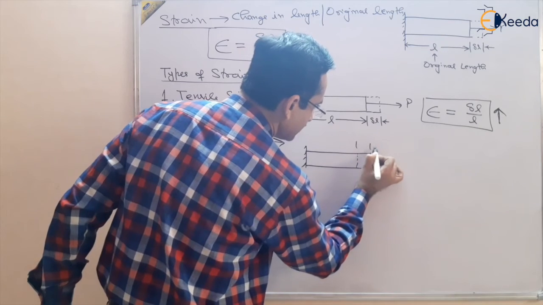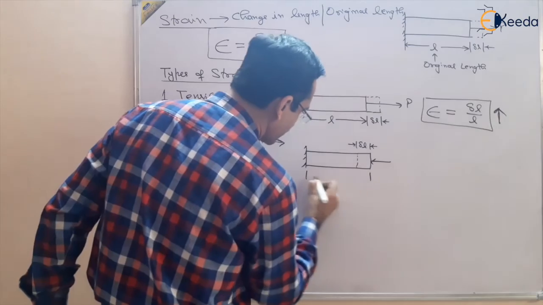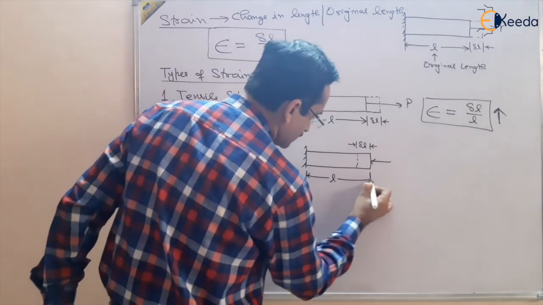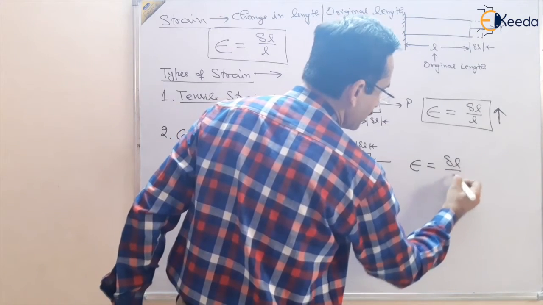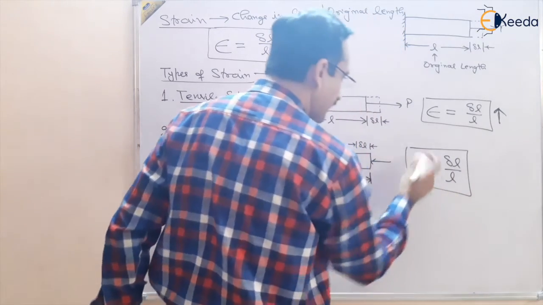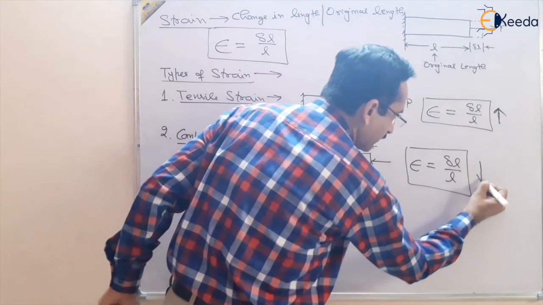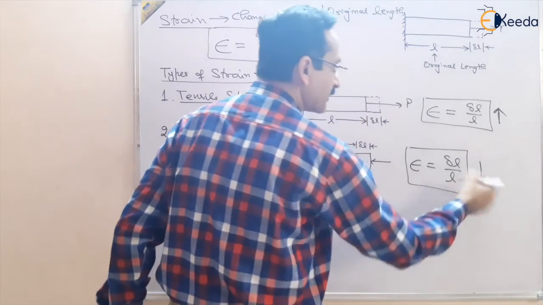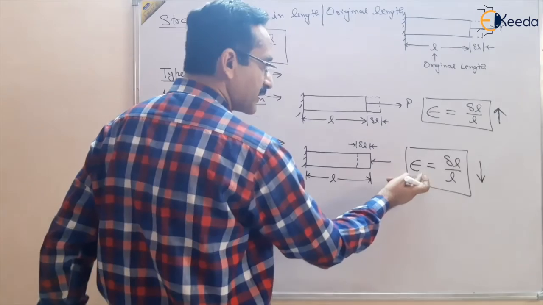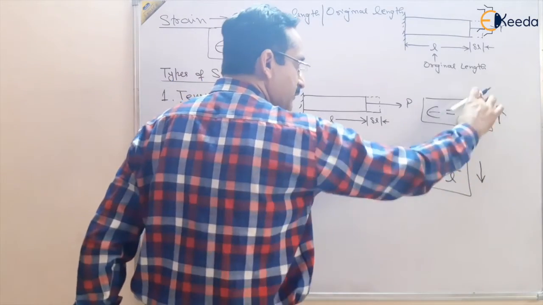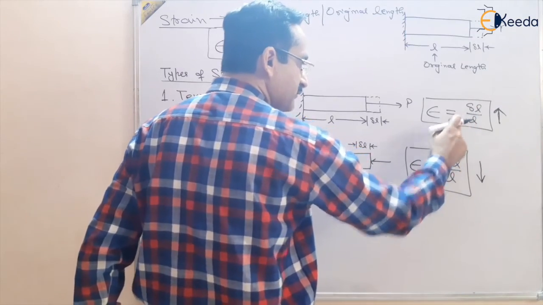Suppose this is the decrease in length of the body, delta L, and the original length of the body was L. So again, strain is equal to change in length upon original length, but in this case it is negative because the length of the body is decreasing. The formula is the same, but tensile is increasing, positive, and compressive is negative.